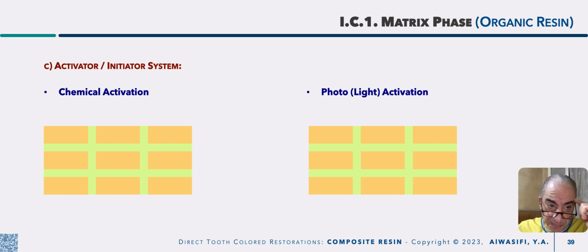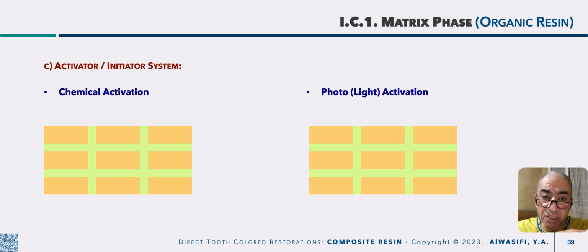What is the difference? Chemically activated has a chemical activator material and an initiator separated, each one in a separate container. That's why it comes as a two-base system, one of them containing the activator and one of them containing the initiator.